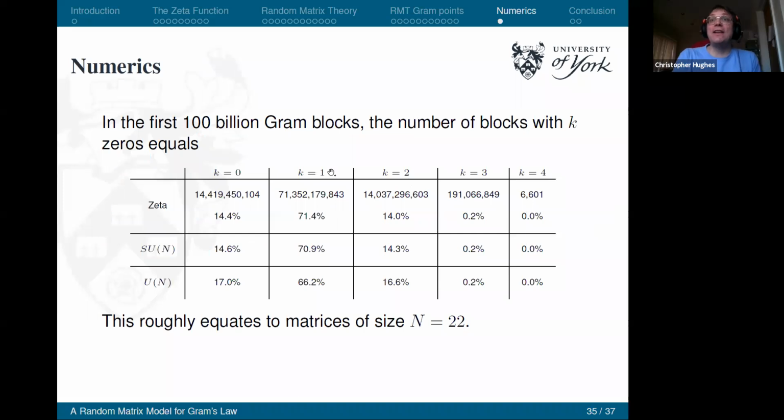And if I look at the actual data, you can see that the SU(N) approximation is far better than the U(N) approximation, even though as you go higher and higher up the critical line, we know that these proportions are going to converge as N tends to infinity. At finite N, this is a much better approximation.